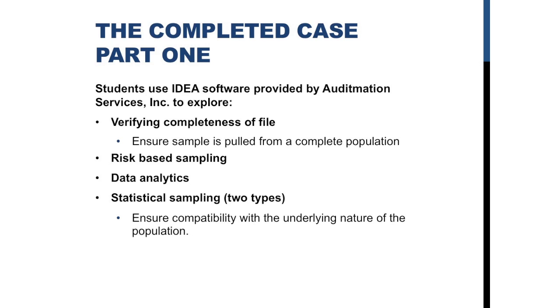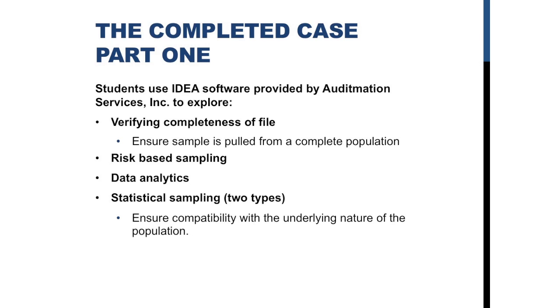And so finally, in part one, they actually performed two types of statistical sampling. So they did a classical variable sample, they pulled that, and then they pulled a monetary unit sample. So two types of statistical sampling.